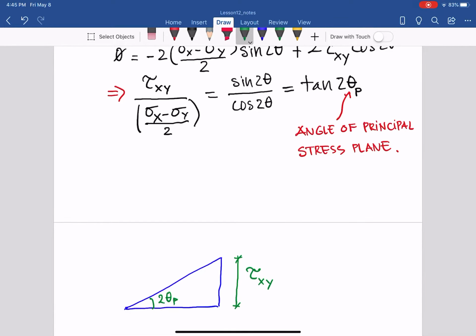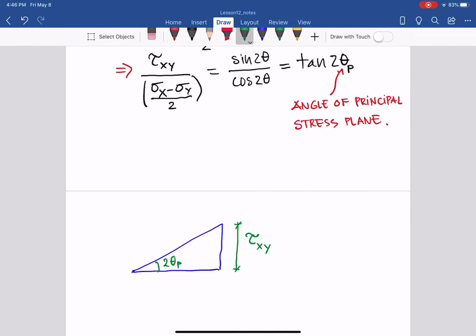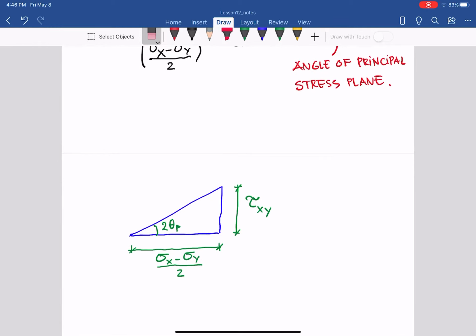And the adjacent is sigma x minus sigma y over 2. So that is the adjacent component.